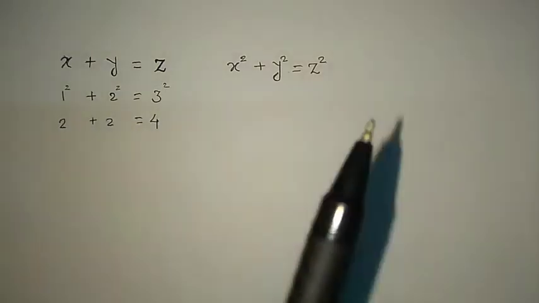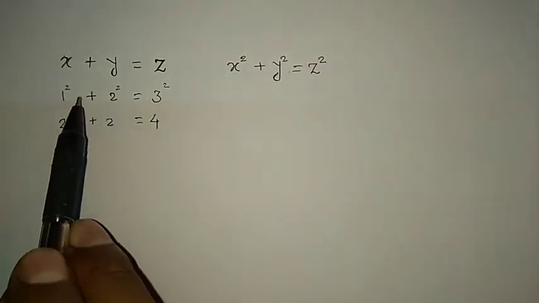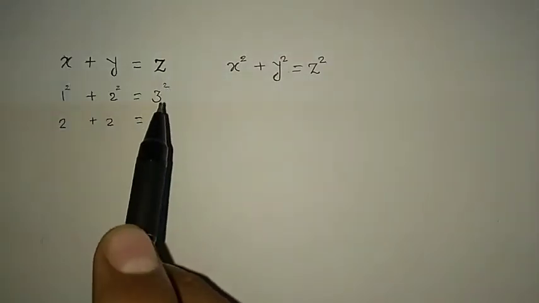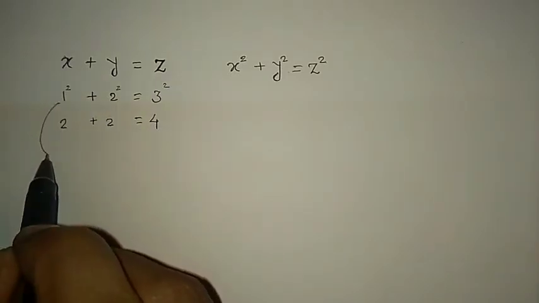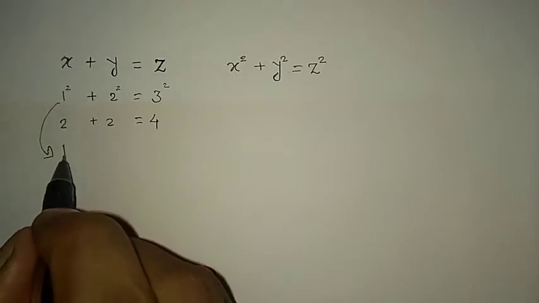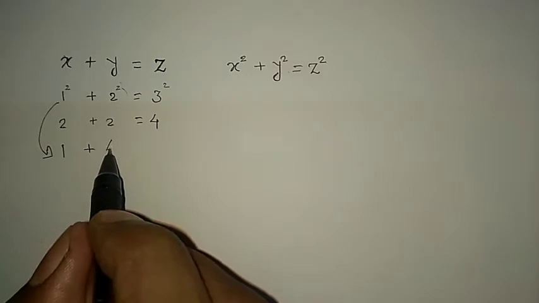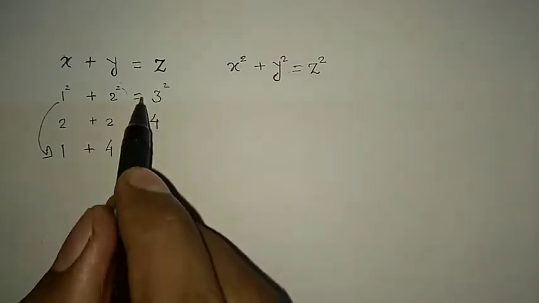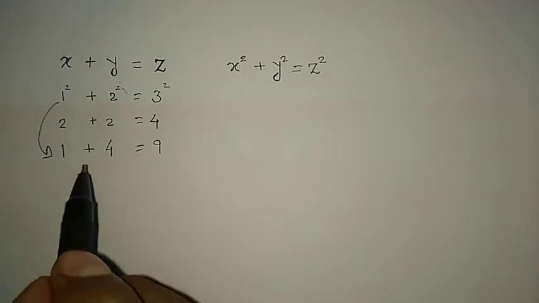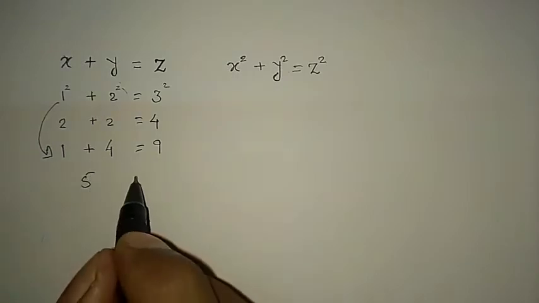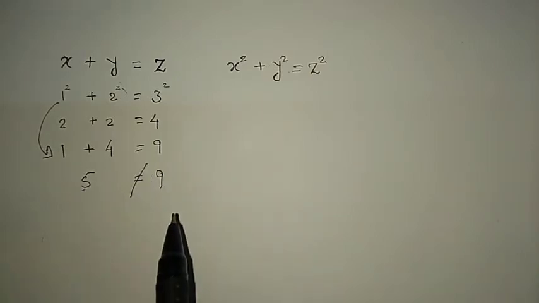But after squaring all three terms, the left side and right side should become equal. Here 1 square is 1, plus 2 square is 4, equal to 3 square is 9. 1 plus 4 is 5, and 5 is not equal to 9.